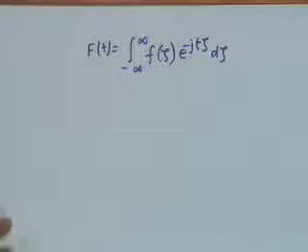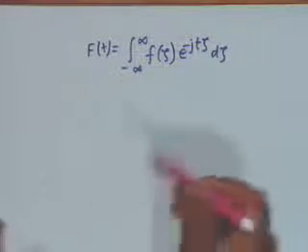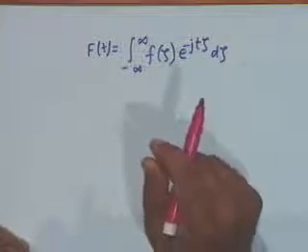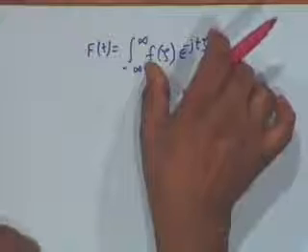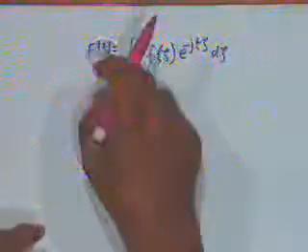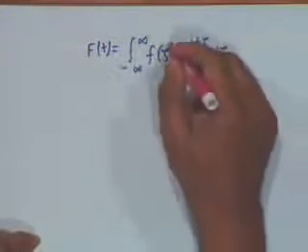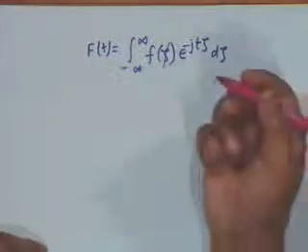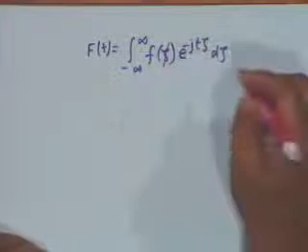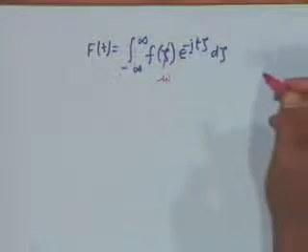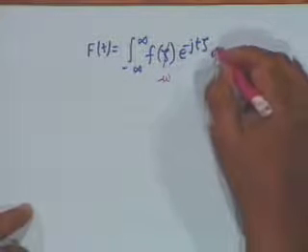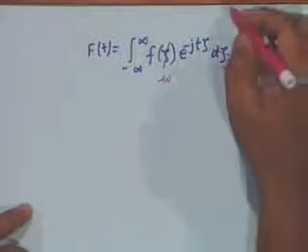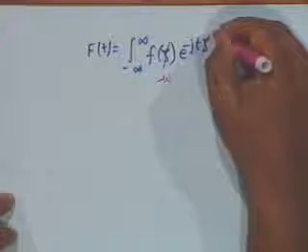Now, as far as this integral is concerned, zeta is a dummy variable. The total integral is a definite integral. It's a function of time, t. So zeta is a dummy variable, and there is no reason why I cannot replace zeta by some other arbitrary dummy variable. Let's put zeta equal to minus omega. Alright. Then this d zeta would be minus d omega, and this is replaced by minus omega.